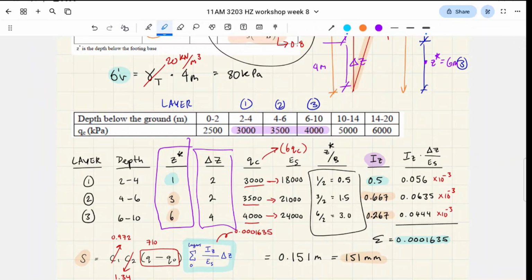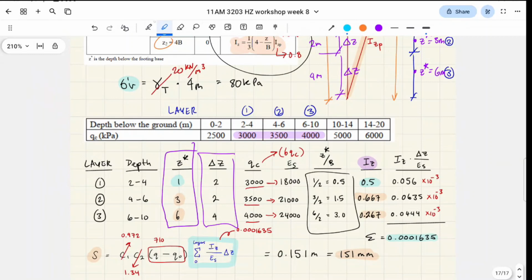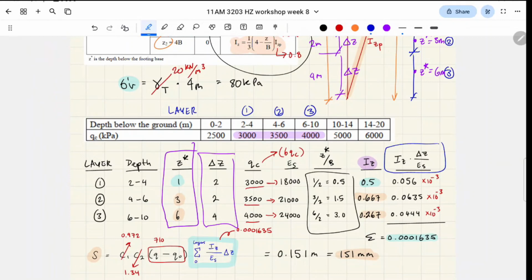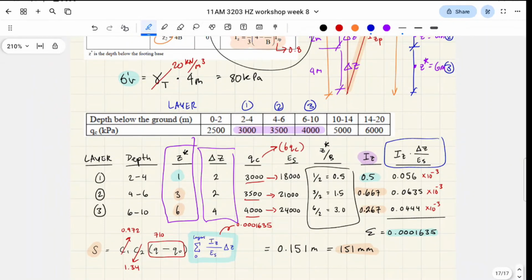Maybe, maybe not. Okay, this last column in the table is specifically because this is what the final equation requires. Okay, it's just the IZ multiplied by delta Z, which is the thickness of that layer, over the elastic modulus of that layer, and then we output these numbers.